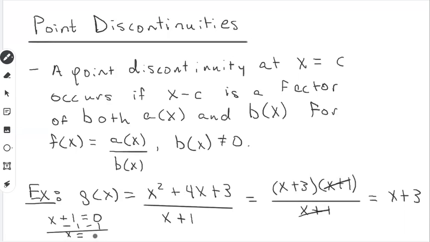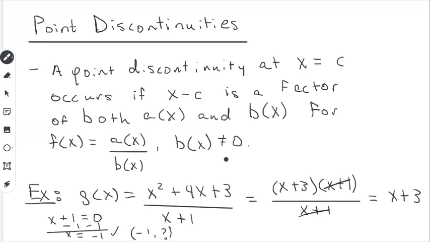That's going to be my point discontinuity: -1, comma, whatever my y coordinate is. So at x equals -1, we're going to have a point discontinuity for this function.